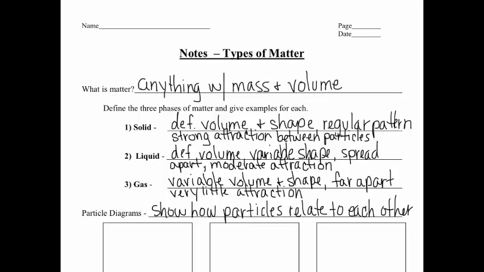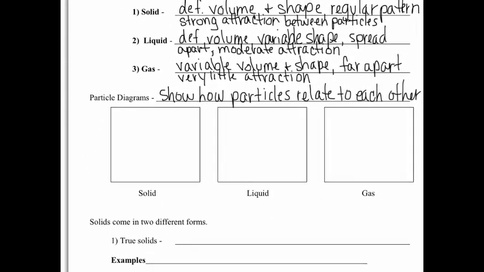All right, so let's move this so we can show. In a solid, when you draw the particles, you're going to want to draw them very geometric, very regular, as best you can. I'm not a fantastic artist, but note that they have their own shape within the container, and they're very neatly organized.